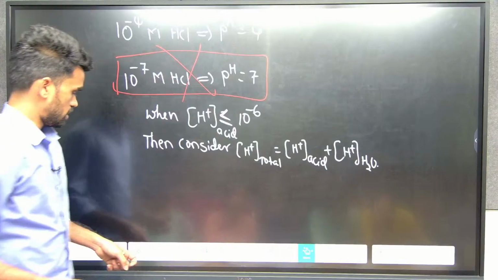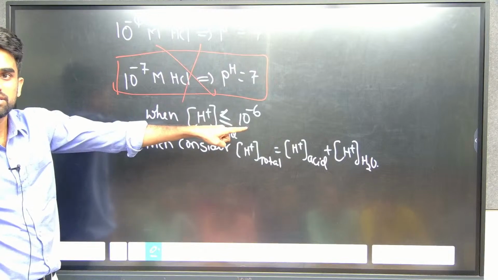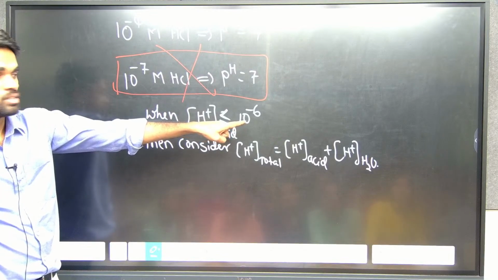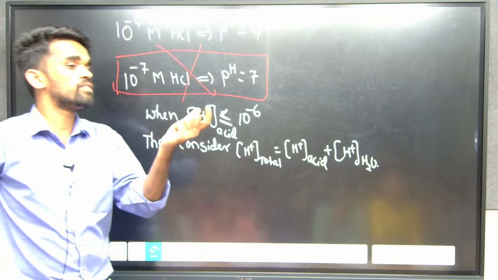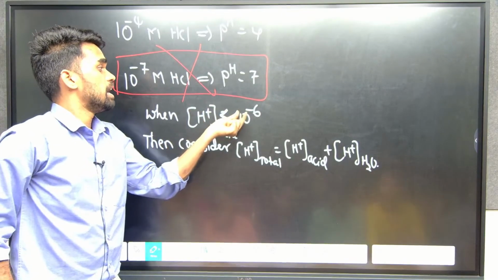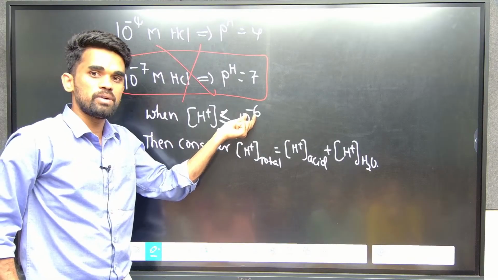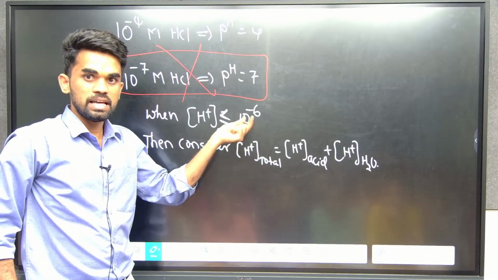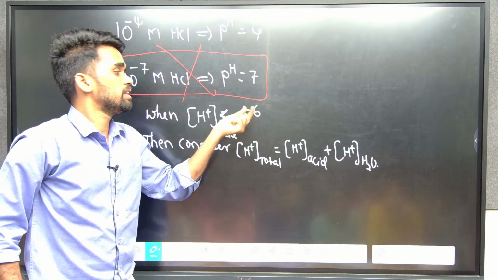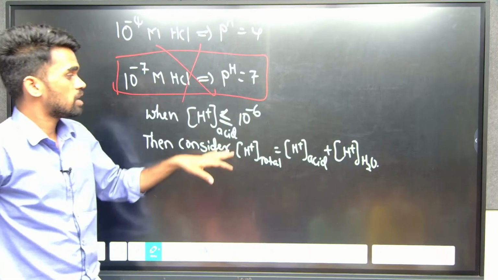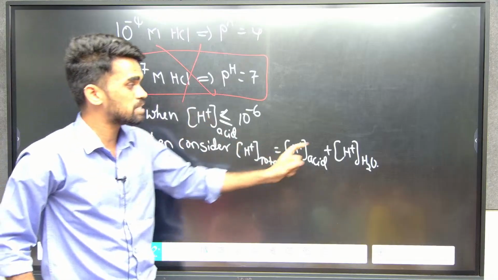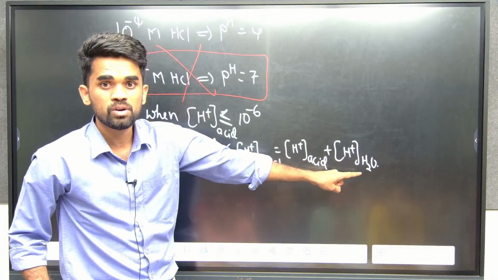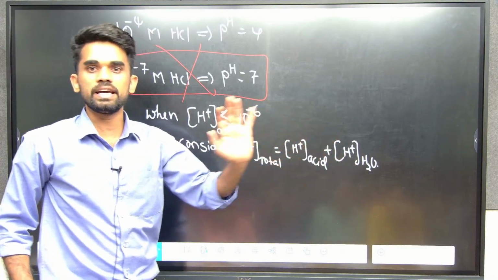Which value is bigger? Whenever the concentration of acid is less than or equal to 10 power minus 6, in that case you need to consider the total H plus ion concentration as the concentration of acid plus the concentration of H plus ion coming from water also. Then you will get the exact value.